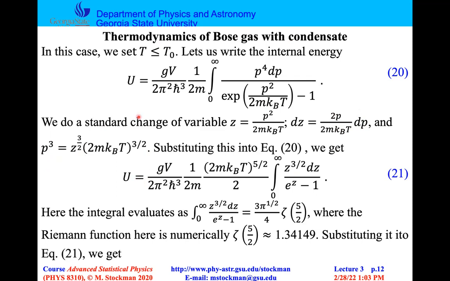And I will get the same coefficient as it was, 1 over 2m is here. From this substitution, I'm getting this coefficient 2m kBT to the power 3/2. And then another first power from here. So the total coefficient is 5/2.